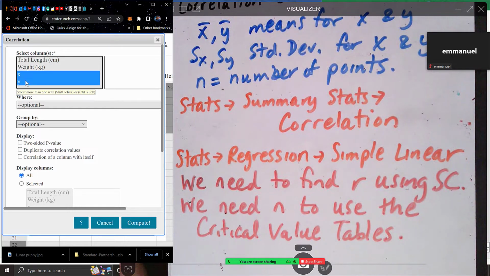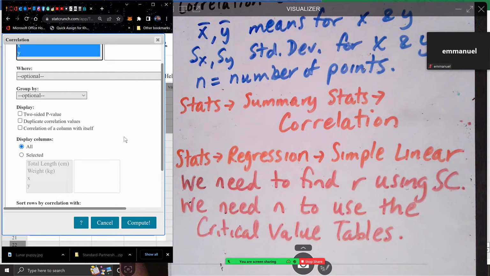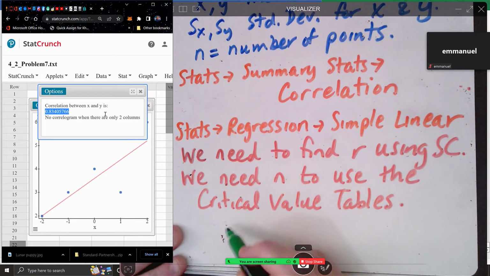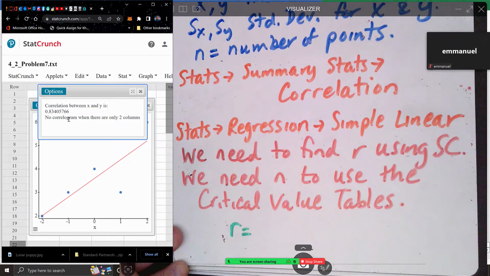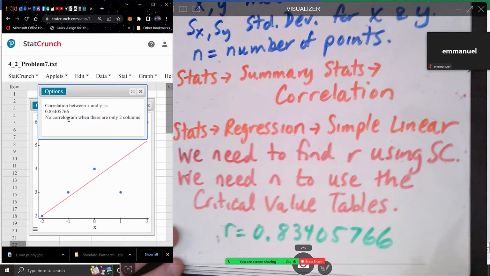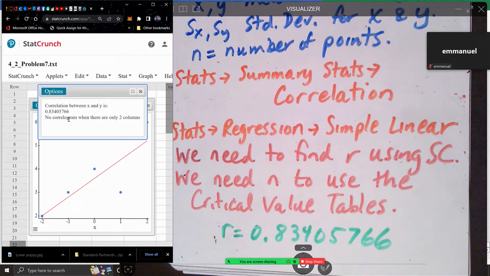I will tell it X and Y is where we're looking, and I will just click compute. So for the 5 numbers I came up with, it gave me a correlation coefficient of, I need to unhighlight it, the blue is distracting me. I may not have enough points, but we'll find out in a second.